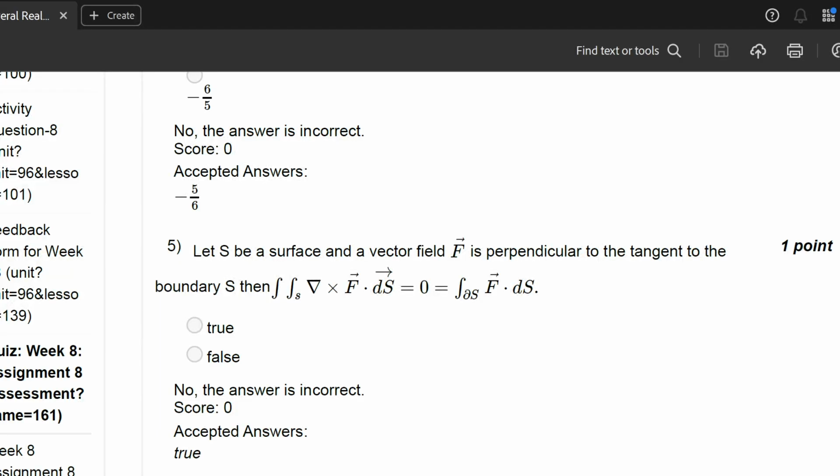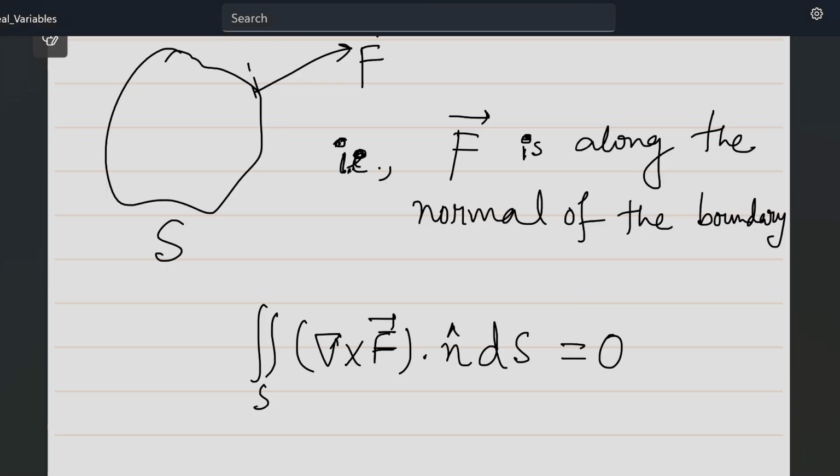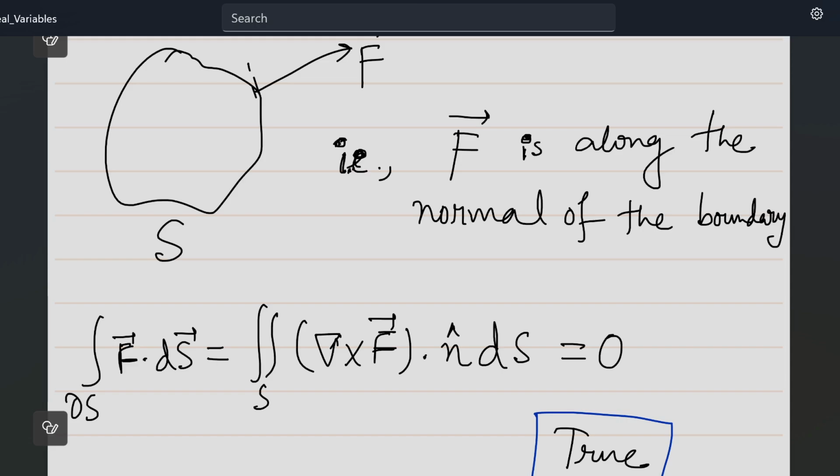Okay, S is a closed surface then. So you can write it as integral over del S of F dot ds vector. This is correct, true. Okay, so this is a true statement.